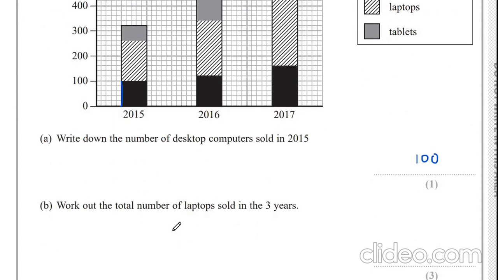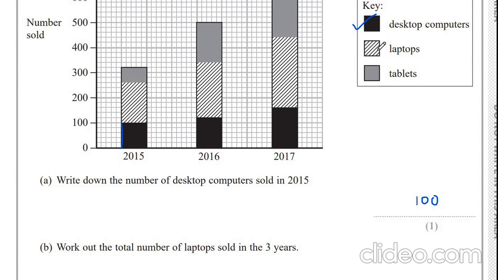Next, work out the total number of laptops sold in 3 years. Well, laptops are this, the stripes. So now we need to figure out what these readings are. So, well, we need to figure out from here to here.